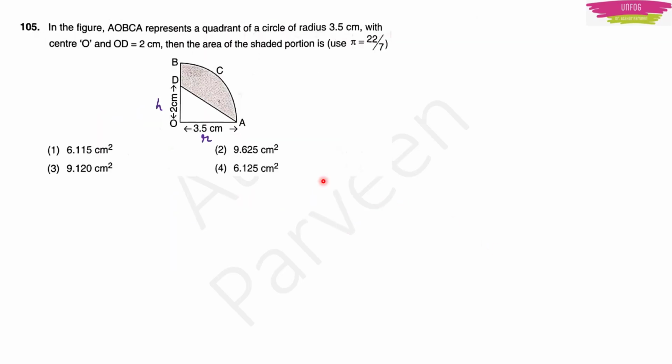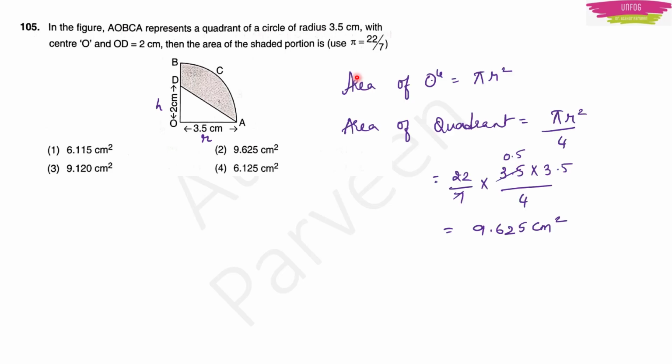Next question. In the figure, AOBCA represents a quadrant of a circle of radius 3.5 cm with center O and OD is 2 cm. Then the area of the shaded portion is. Here we should know that the area of a circle is pi r square. So what will be the area of the quadrant? It will be pi r square by 4.